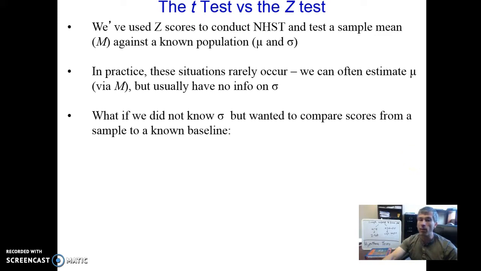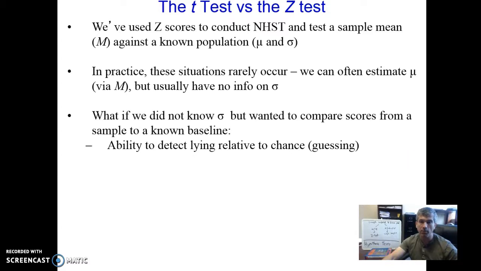Let's say we didn't know the population standard deviation, but we did have an established baseline, some kind of a basis of comparison. So we have a mean that we can compare our sample to, but we do not know anything about the variability. A pretty common approach, a lot of times we assess things by comparing them to a chance standard. So for example, a common way of testing how good people are at detecting lying is you show them a series of statements people are making.